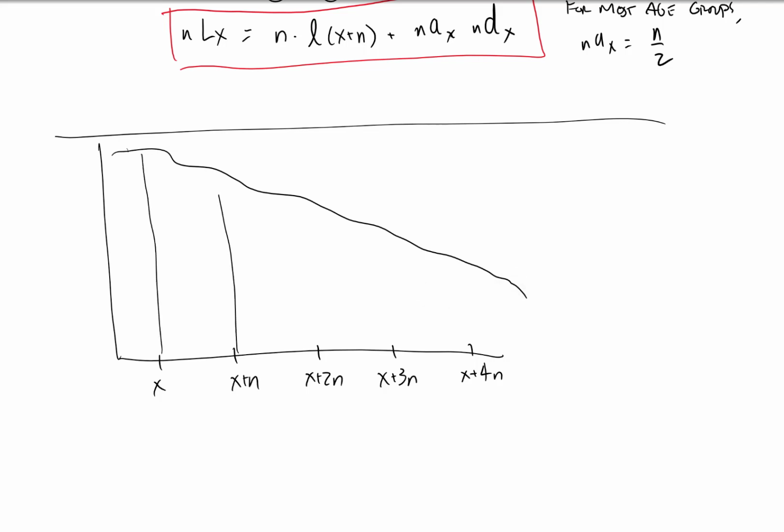And what we're interested in, so this is our l of x curve. This is going to be nLx, this is going to be nLx plus n, this is going to be nLx plus 2n, and this is going to be nLx plus 3n.